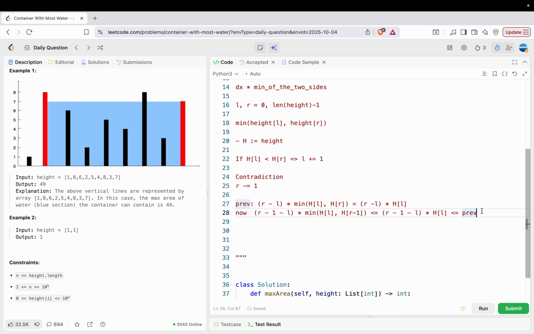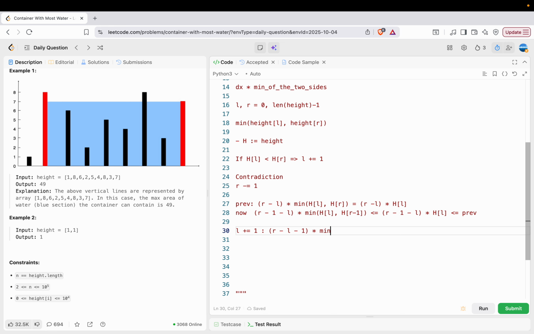So let me restate. If you found one side is smaller, for example here L is smaller, I need to increase L by 1. Same thing, if R is smaller, I'm going to shrink R by 1. So this is the right logic, with the hope that potentially you can increase the area, right? Because if you increase L in this situation, then the area will be something like R minus L minus 1, because L is increased.